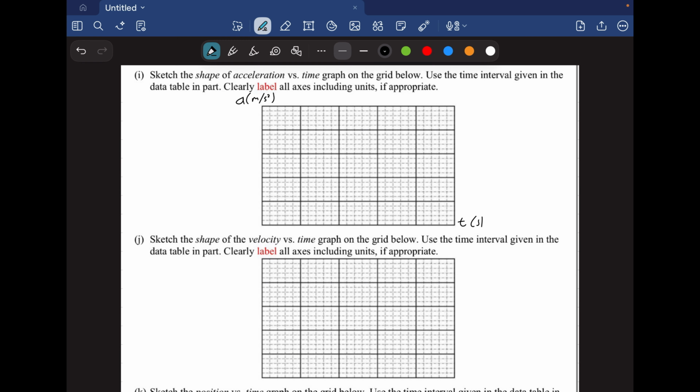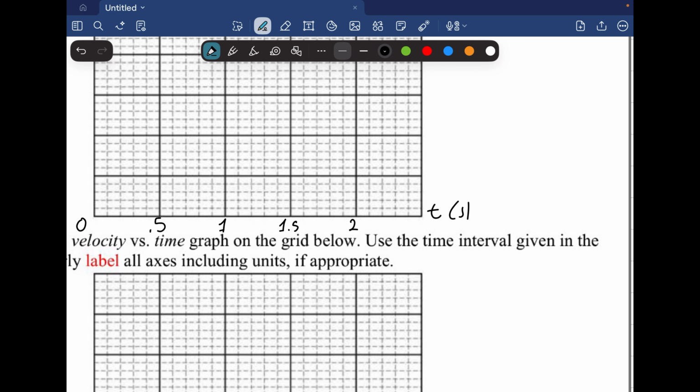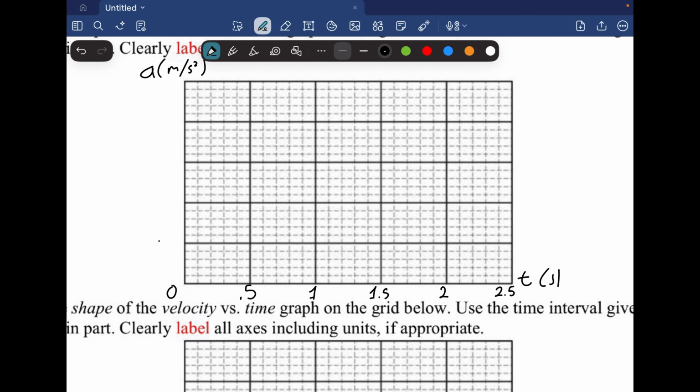So I'll label it 0.5, 1, 1.5, 2, and 2.5, then 0.5, 1, 1.5, 2, then 2.5.